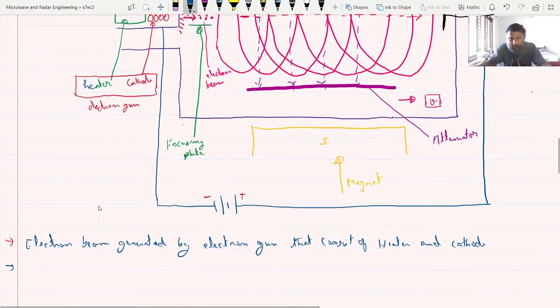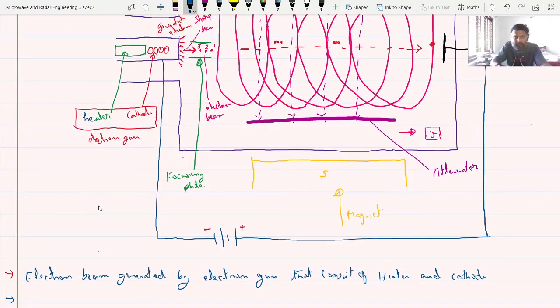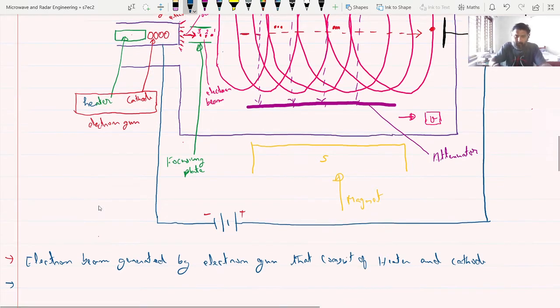this electron generated by the heater and cathode will spread like this. These electrons are moving towards the anode. That anode is known as the collector, as I indicated here. Anode will collect the electrons and cathode will generate the electrons.